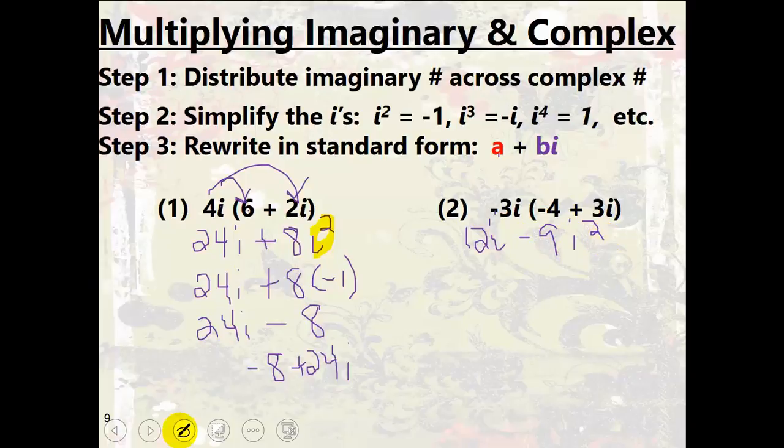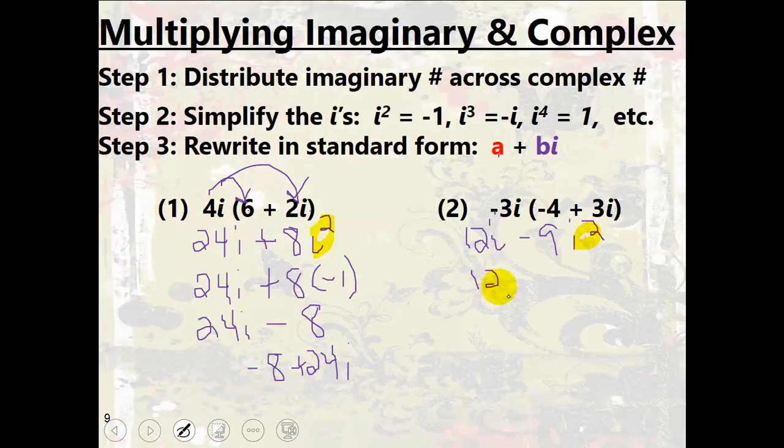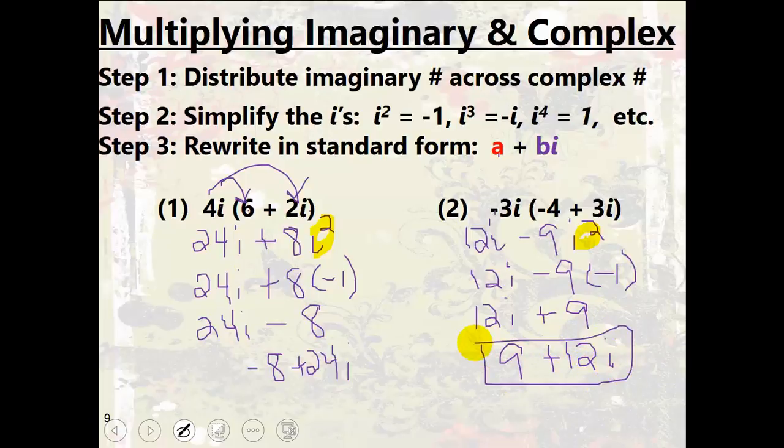What is i squared? i squared is -1, so we replace i squared with -1. So what is -9 times -1? That becomes plus 9. And now I put it in the correct order, and I get 9 plus 12i. And there is my answer.